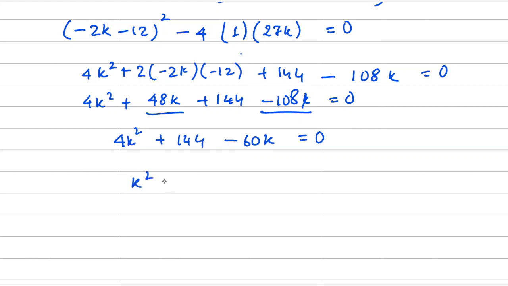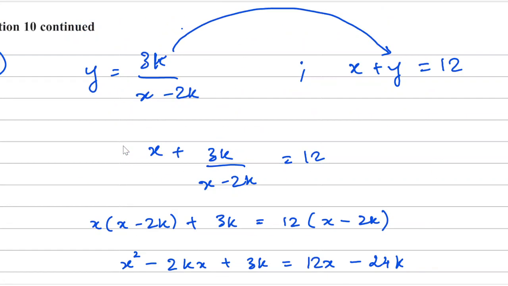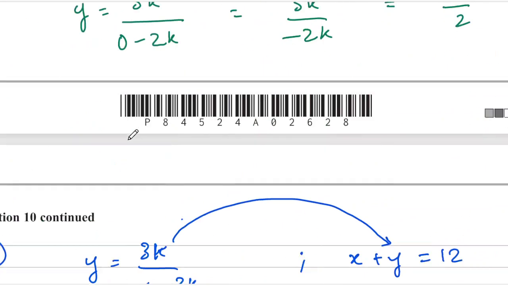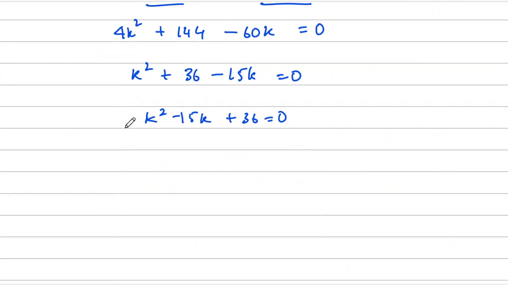So it will be k square plus 36 minus 15k is equal to 0, and k square minus 15k plus 36 is equal to 0. So I think this is the equation that they are asking to solve or show, that k square minus 15k plus 36 is equal to 0.